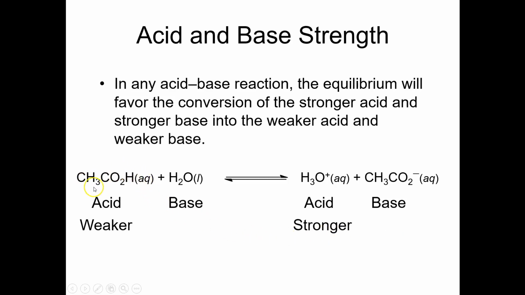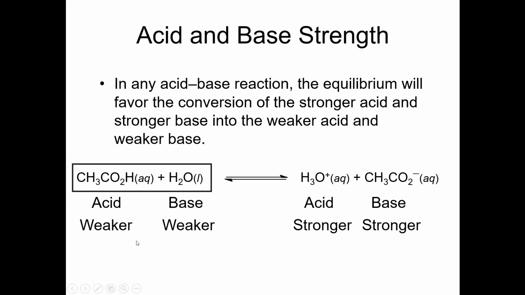So because acetic acid is the weaker acid, acetate is the stronger base, and because hydronium is the stronger acid, water is the weaker base. And so we said that the reaction is going to favor the conversion of the two stronger species into the two weaker species, and therefore this reaction is going to favor reactants.